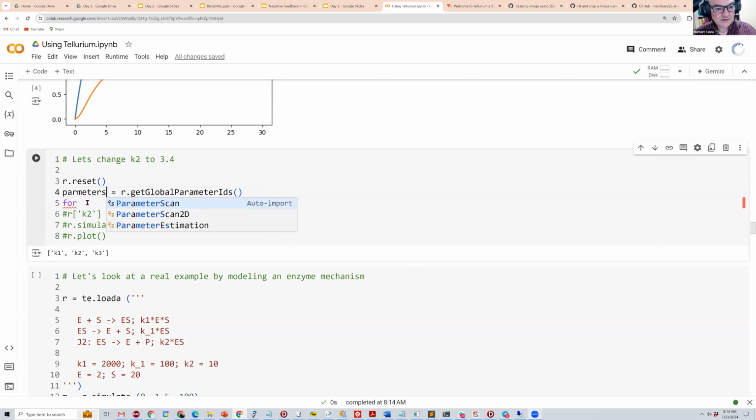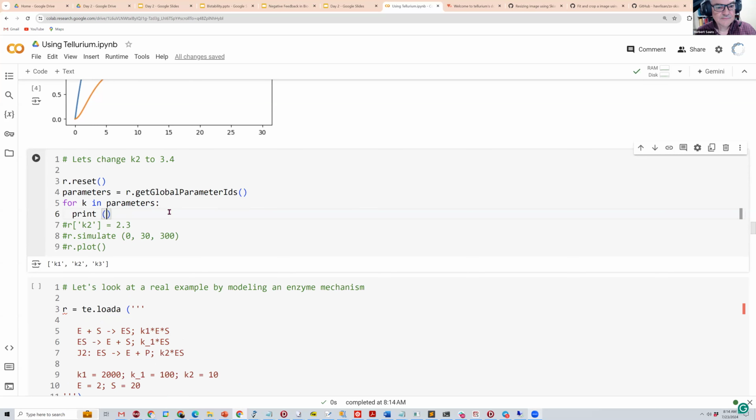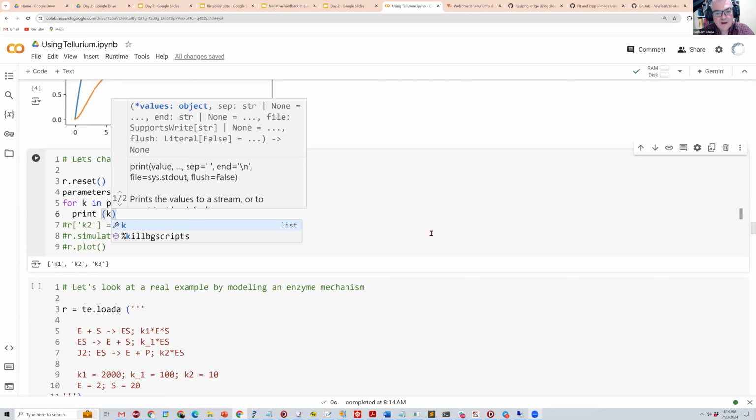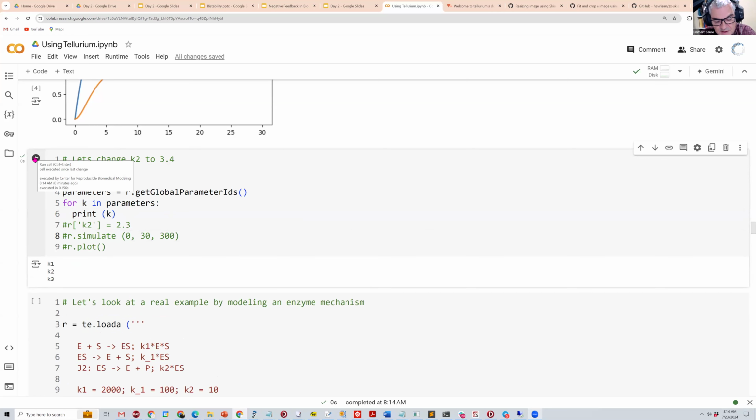And then I'll go for K in parameters. Let's just show you what this does. So now I've started the beginnings of a loop, for K in parameters, then printing K. Let's see what that does. Okay, so that just prints K1, K2, K3.